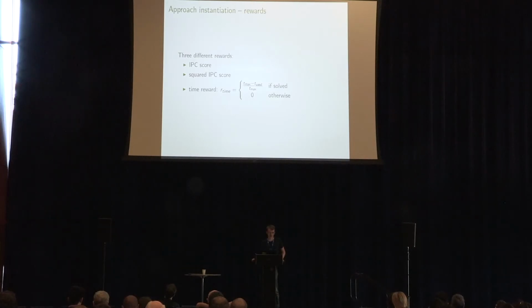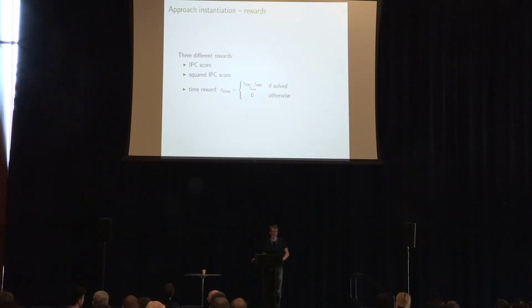One variation of this that we use is a squared IPC score. So we take the number and raise it to the power of 2. So intuitively, this increases the emphasis on the cost of the plan. So hypothetically, a planner returning a plan that's 2 times longer than the best known one now only gets a quarter of a point rather than a half.